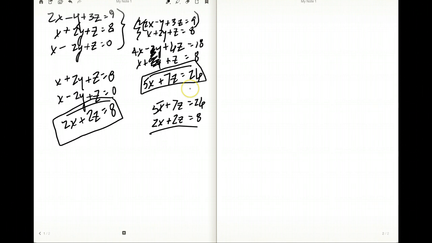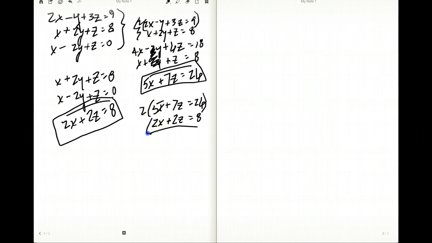Let's just eliminate the x's. So I need to be able to make the coefficient of this x something other than a 5, and the coefficient of this x something other than a 2. And it's got to be the same number, so it's got to be a number that both 2 and 5 go into. So in this case, it would be 10. So in order for this to be a 10, I'm going to multiply that by 2.